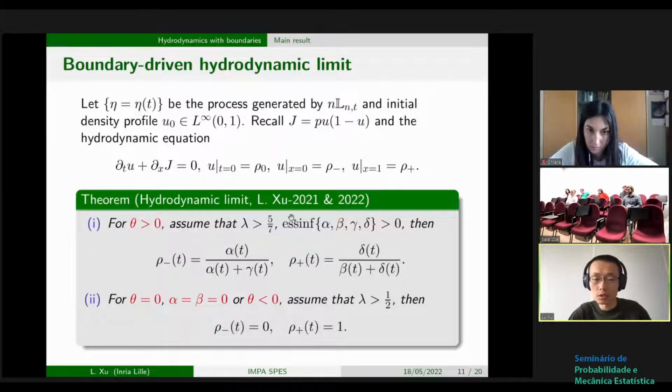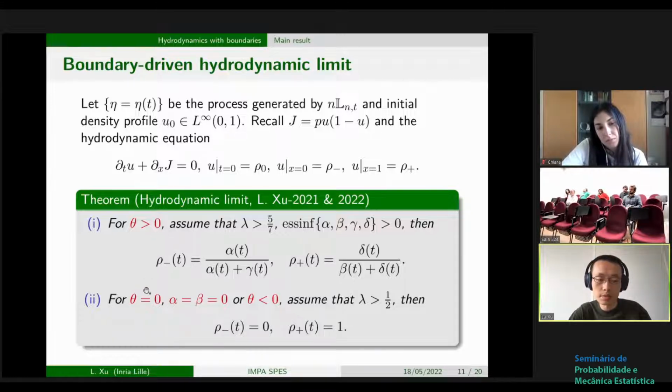These are all technical assumptions: I need a very strong symmetric part, and I want to exclude the degenerate cases, so these are all positive. Then we have the boundary condition given by this. This is not a surprise: the left density is the density of the left reservoir, and the right one is the density of the right reservoir. This is because the reservoir is very strong in this case.